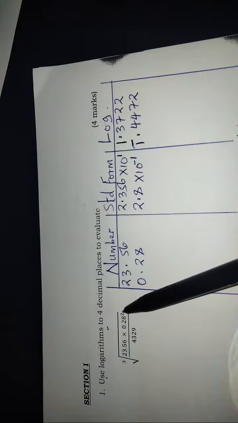So now, because this number has been raised to power 2, this number has been squared, we multiply the logarithm by 2. When a number has been squared, we multiply its logarithm by 2. Remember, you're not supposed to use a calculator in this case in the multiplication.